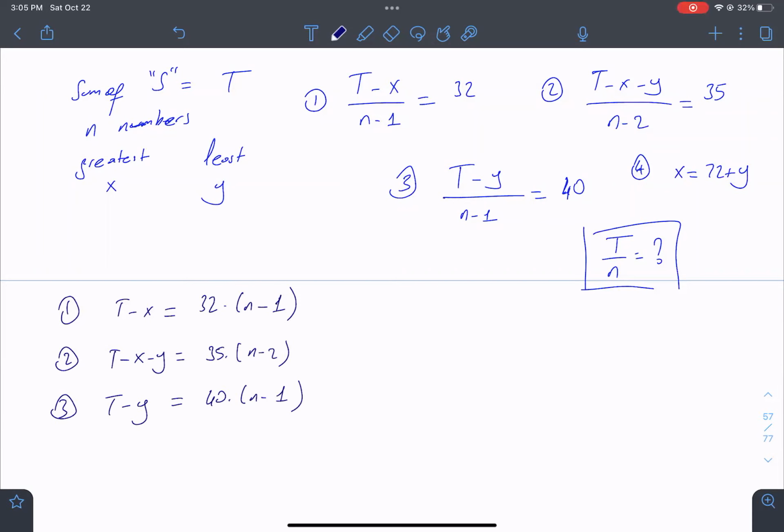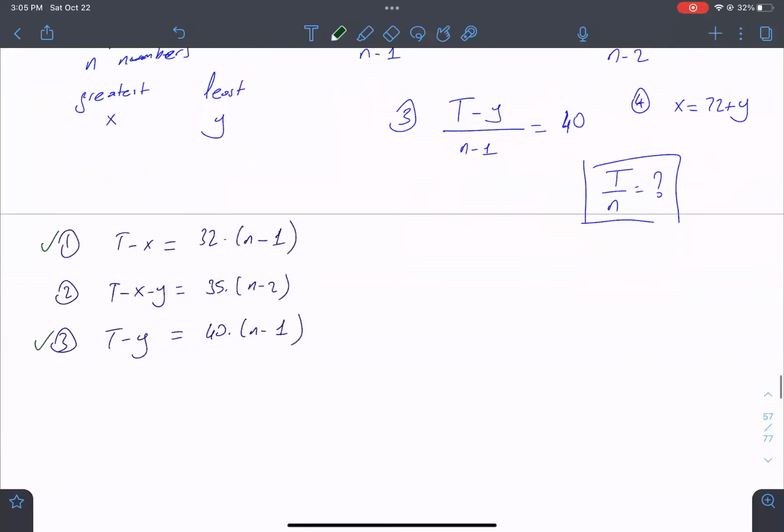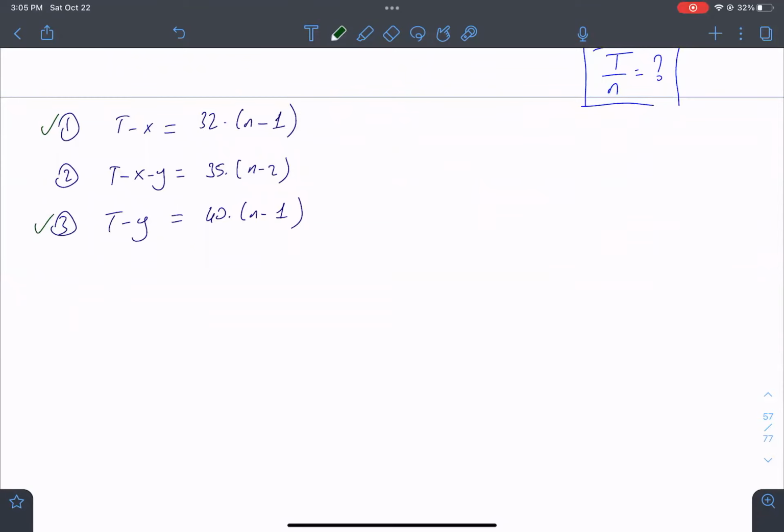I'm going to focus on the first and the last equation. Let's rewrite them: T minus x is equal to 32n minus 32, and T minus y is equal to 40n minus 40.